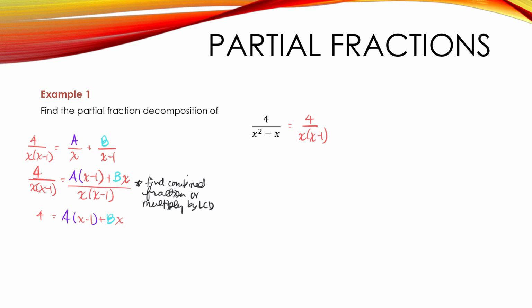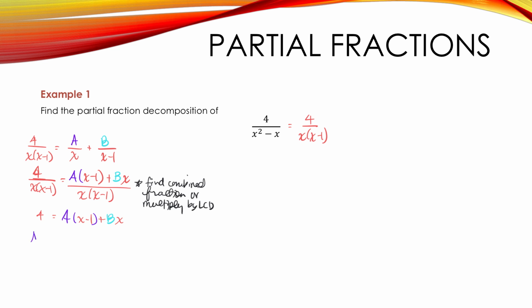In either case, you would end up with 4 equals a times the quantity x minus 1 plus b times x. So I'm going to move the a's and b's to the left and set it equal to 4, because I'm going to add a little bit to what is there with the 4 once we break down a little bit more what's with the a and b.